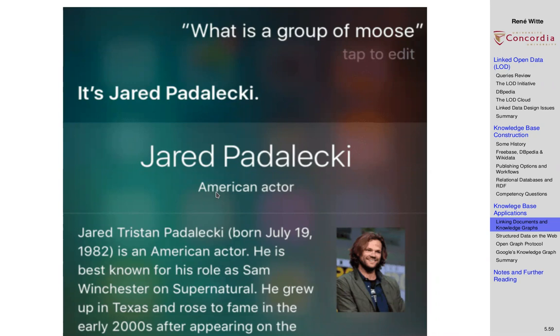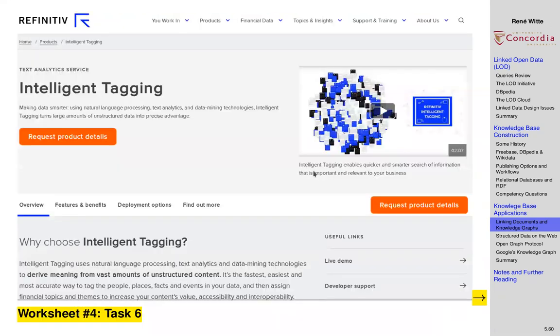And it said, obviously it's Jared Padalecki. Here, most likely, because Moose was, I think, a role in a TV series or something like this, it linked the natural language text to the wrong entry in the knowledge graph, and you got this entertaining answer. They fixed this quickly afterwards, but for a while, that was one of the entertaining mistakes that you could see online.